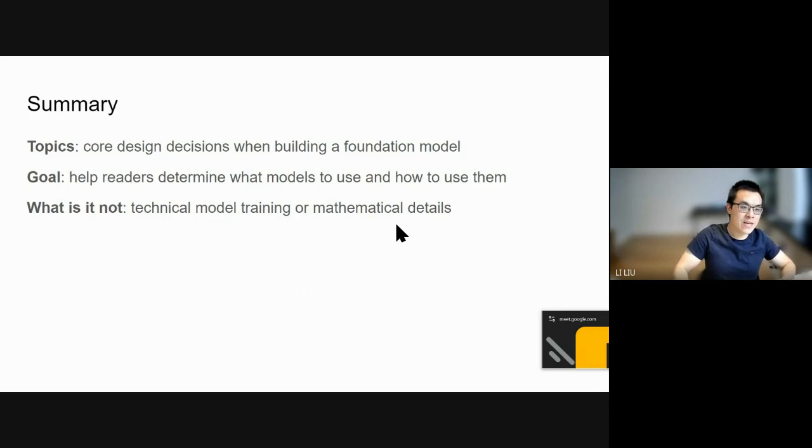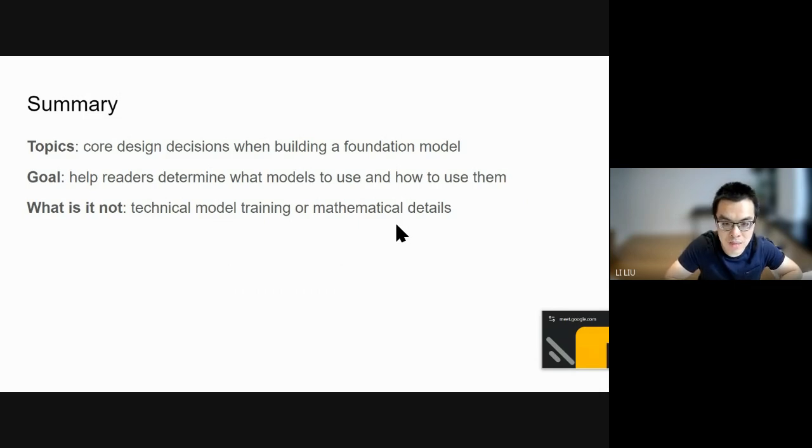On a high level, this chapter is around the core design decisions when building a foundation model, so that as readers and practitioners, we can determine what models to use and how to use them efficiently. This chapter is not around the technical model training or the mathematical details of the transformer models, because if you are interested in the theory and mathematical details, there are a lot of other good materials and resources.